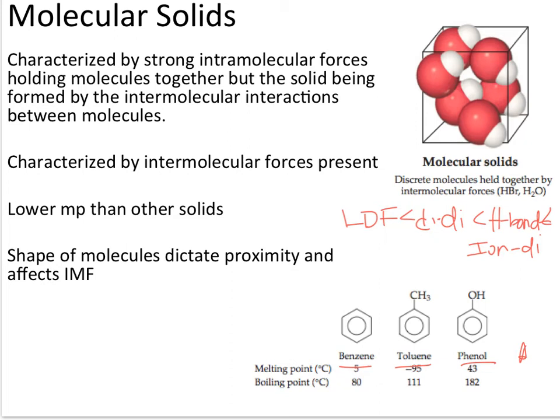So remember, your type of intermolecular interactions, as well as the shape of the molecules, are really going to dictate the features associated with melting point and stuff like that in the molecular solid.